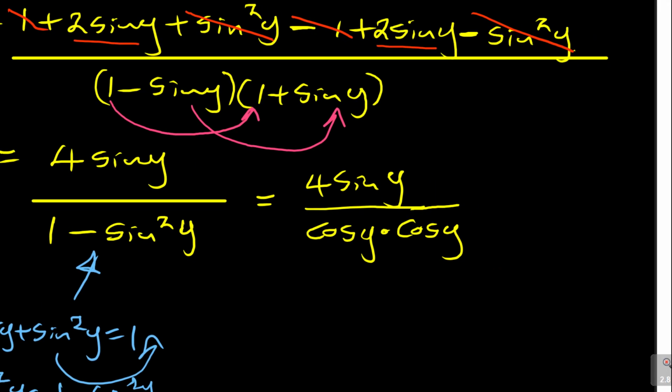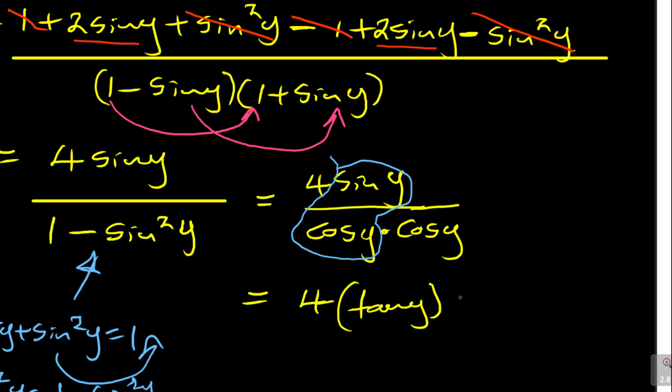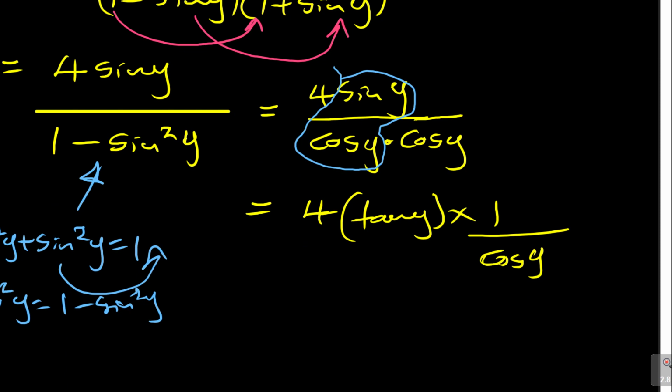Alright, because I want to reach my answer now. Look at this. At this stage, I'm able to look at this part here to say what is sin y over cos y. That's my tan. You see that? So this becomes my 4, and then I can have a bracket. The first one is tan y, and then times 1 over, there is 1 cos y remaining, and you know what is 1 over cos y? It's sec.